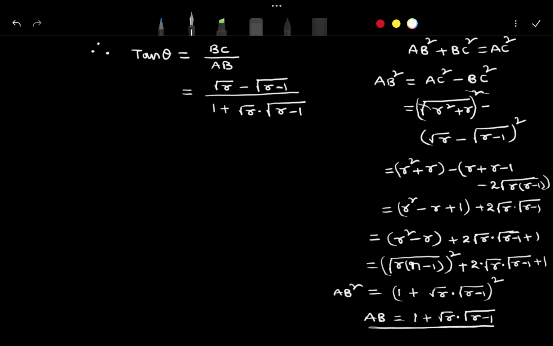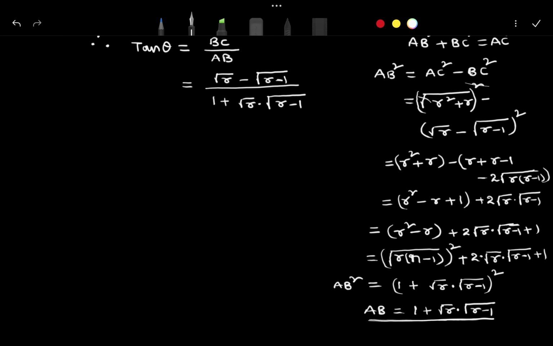After this you can write that theta is equal to tan inverse of square root of r minus square root of r minus 1, whole divided by 1 plus root r into root of r minus 1. Okay, so this is the value.